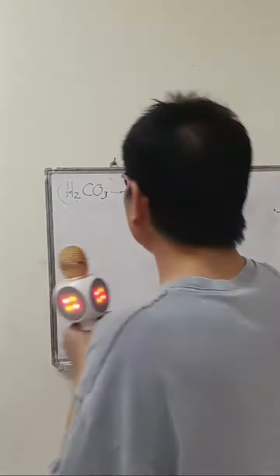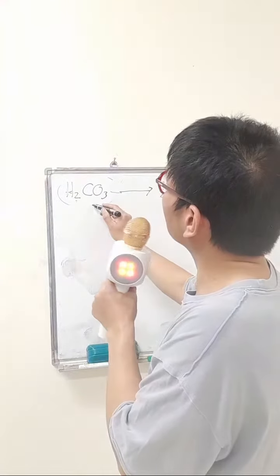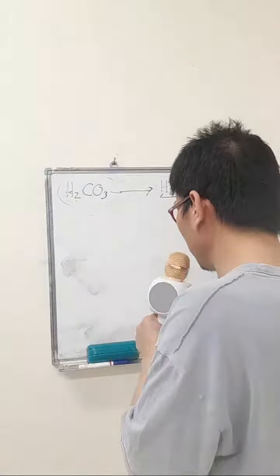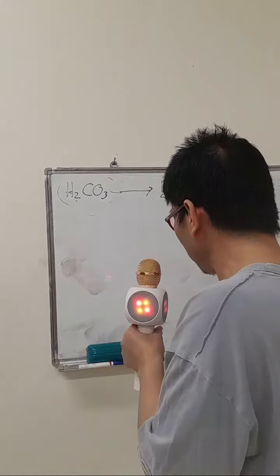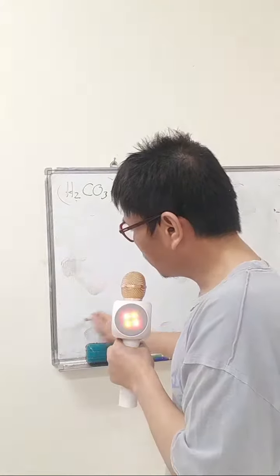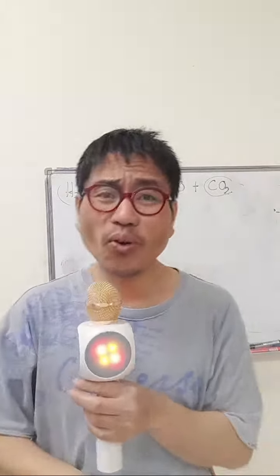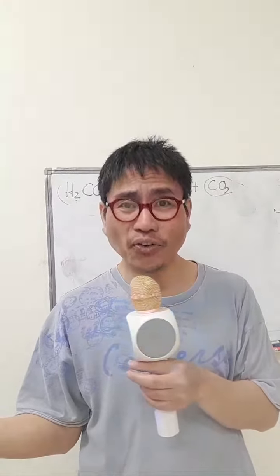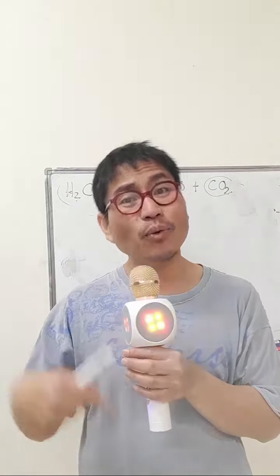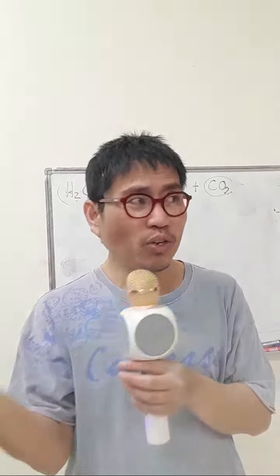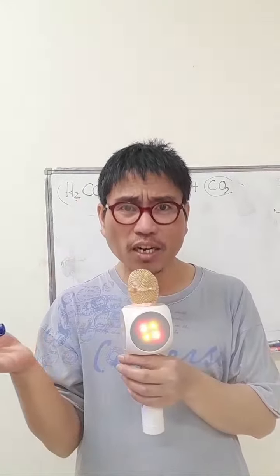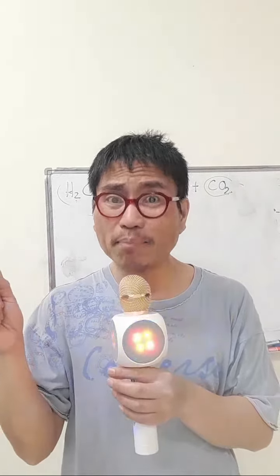Okay, so carbon. Almost all of the materials here on Earth are composed of carbon. When you burn that, there will be a black particle. That's the presence of carbon. When you burn the white sugar, there's also a black particle.